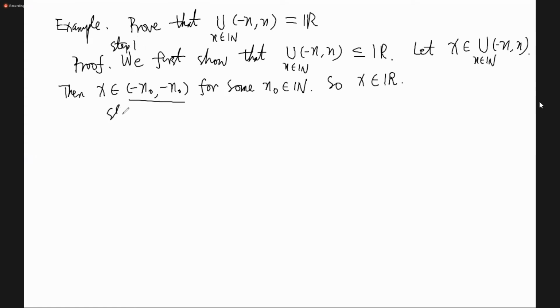Okay, so step 2, we prove that the right-hand side is containing the left-hand side.